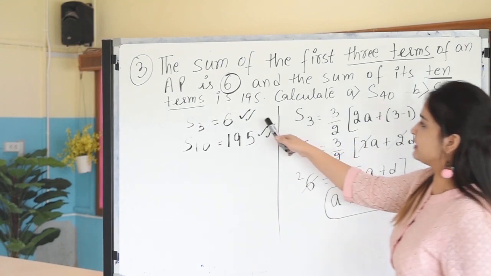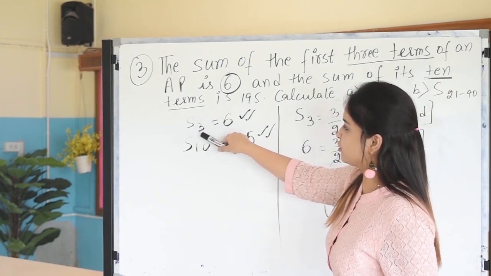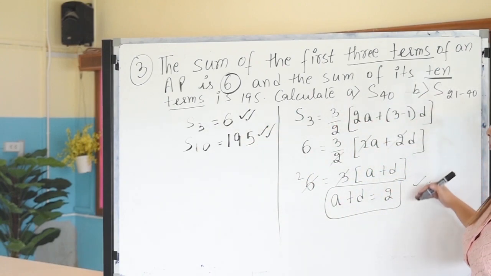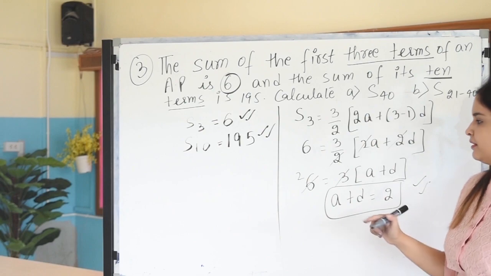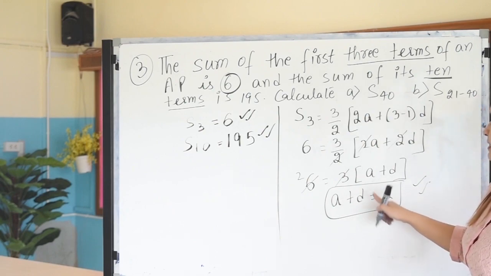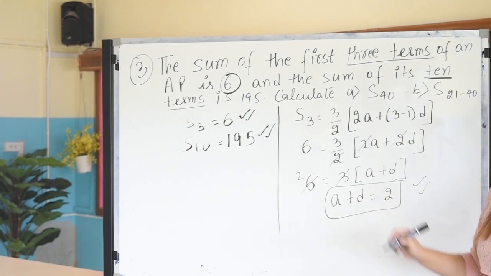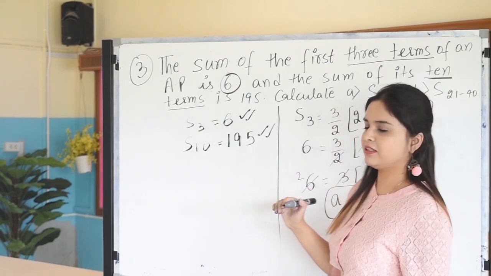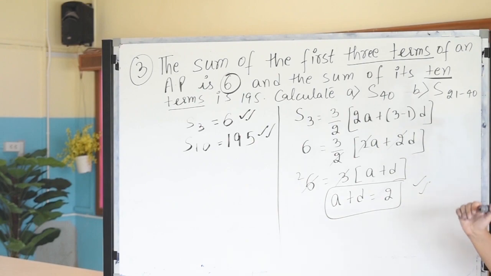From the first expression where S3 is given as 6, when I open S3 using the formula, I get my first equation, which is a plus d is equal to 2. Now, similarly, I will open my second expression and find another equation.